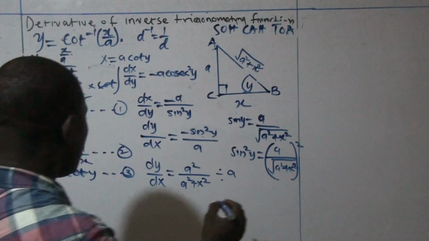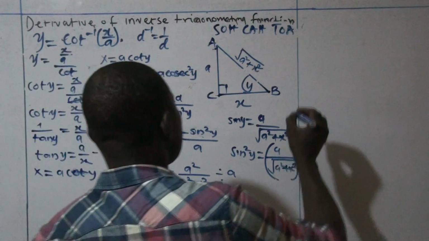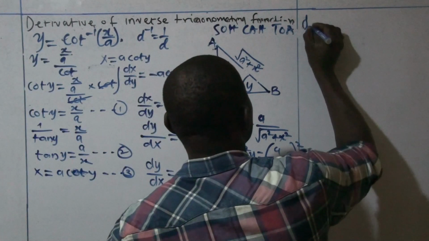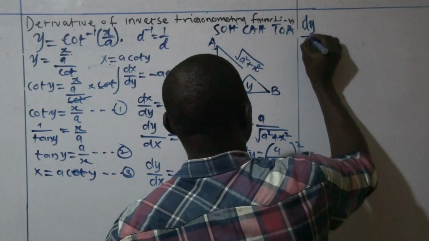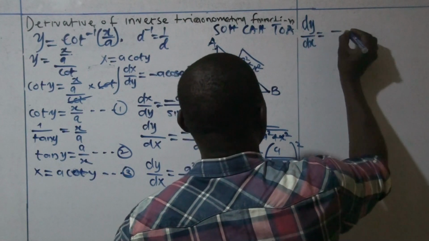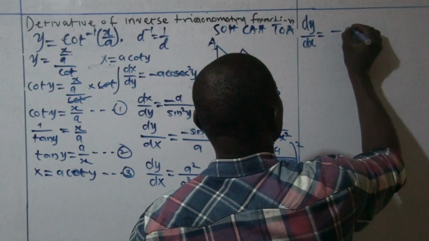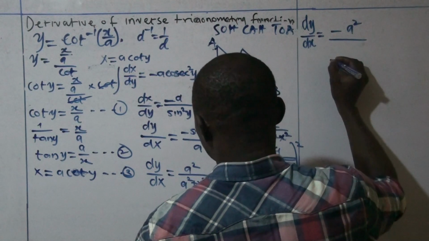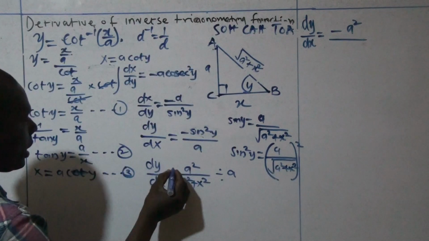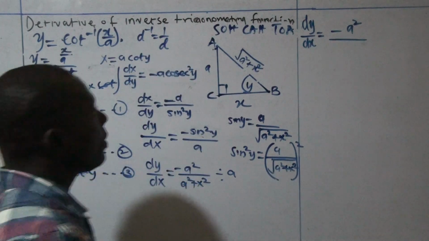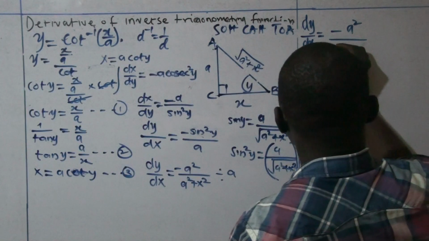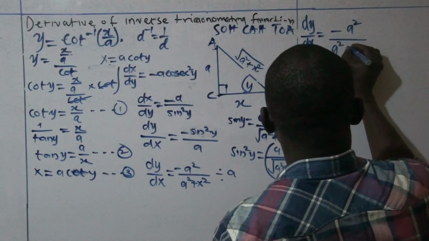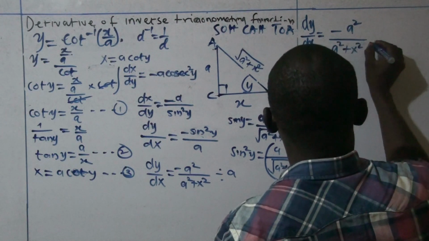So we can also write that dy over dx is equal to minus a square divided by a square plus x square, divided by a.